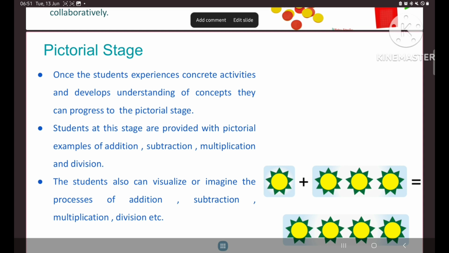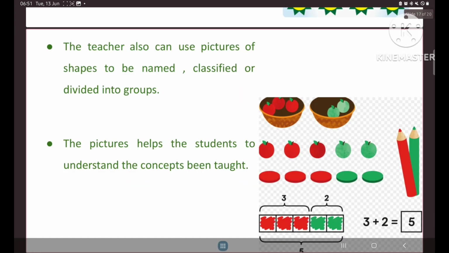The students also can visualize or imagine the processes of addition, subtraction, multiplication, division, etc. The teacher also can use pictures of shapes to be named, classified, or divided into groups. The pictures help the students to understand the concept that is being taught.